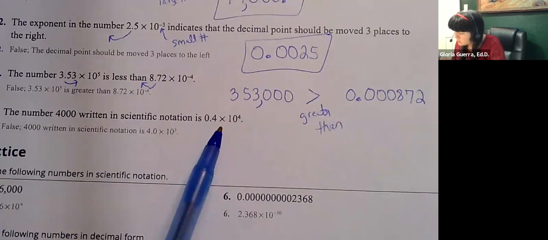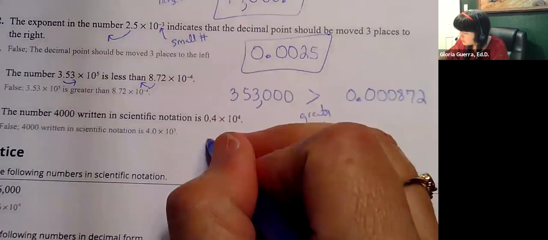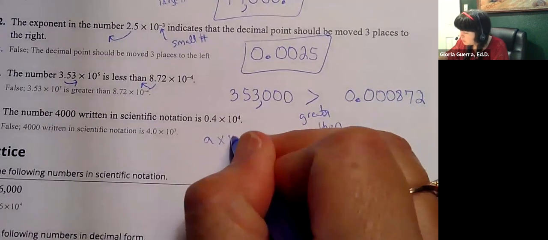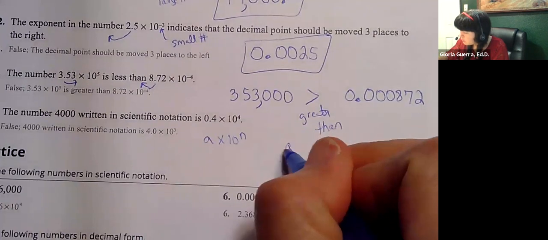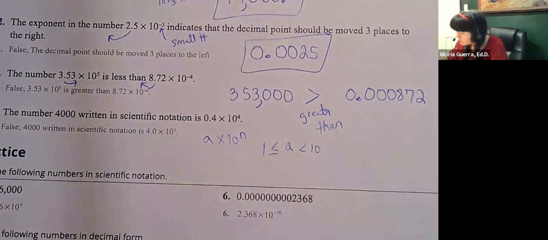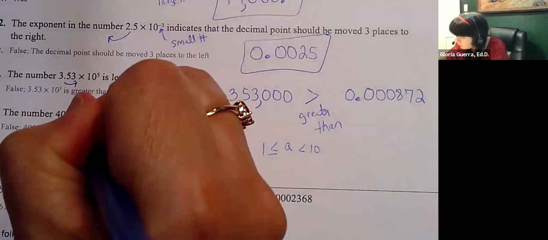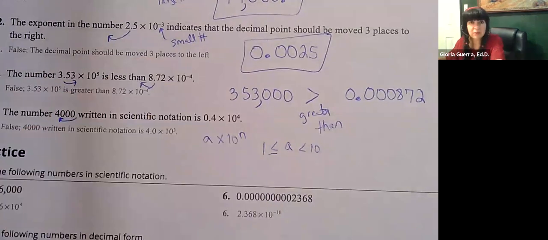Okay, and the last one, the number 4,000 written in scientific notation is this. Yeah, so scientific notation, well, let's see. I said yes, but let's wait. 4,000. Scientific notation needs a times 10 to the n. And your a has to be a number between 1 and 10. So for 4,000, you need to move it so that it's behind the 4. Oh, and this is not good.